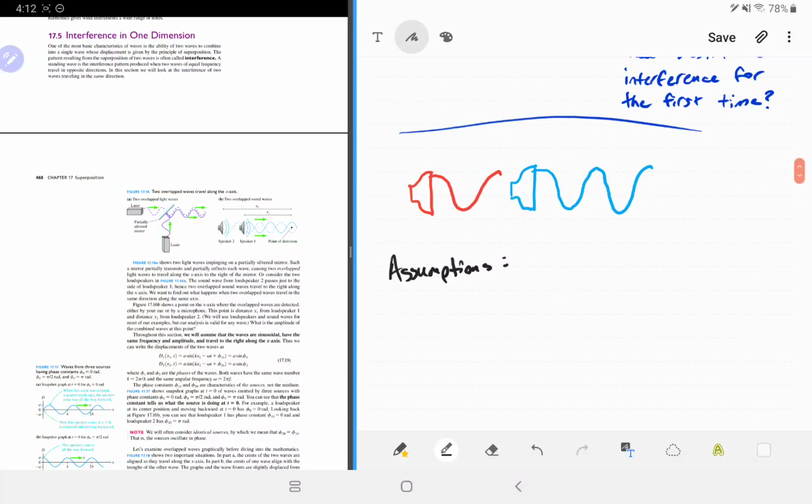So one way that they're related is that the sources have the same, a lot of things. So they have the same wavelength. So notice how the waves that I'm drawing coming off of these speakers have the same wavelength. I intend to draw them with the same wavelength. They have the same amplitude.